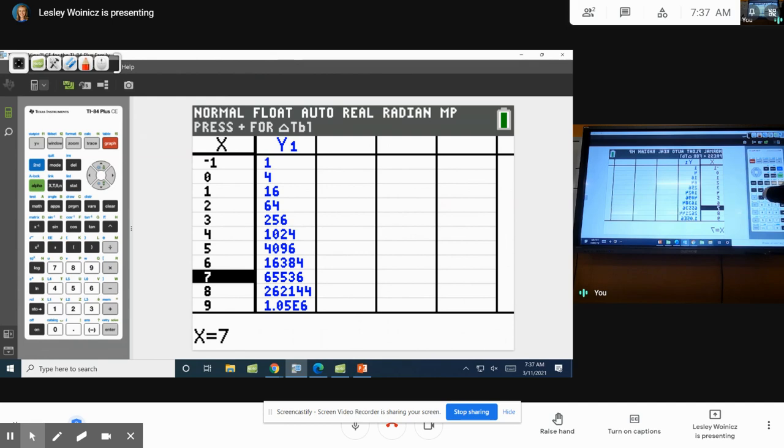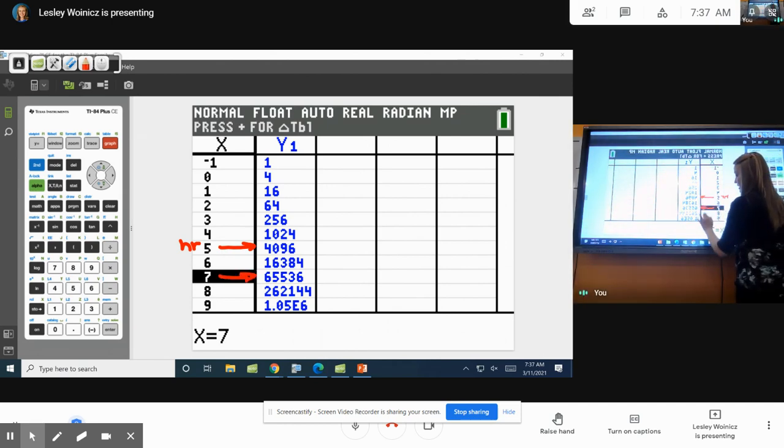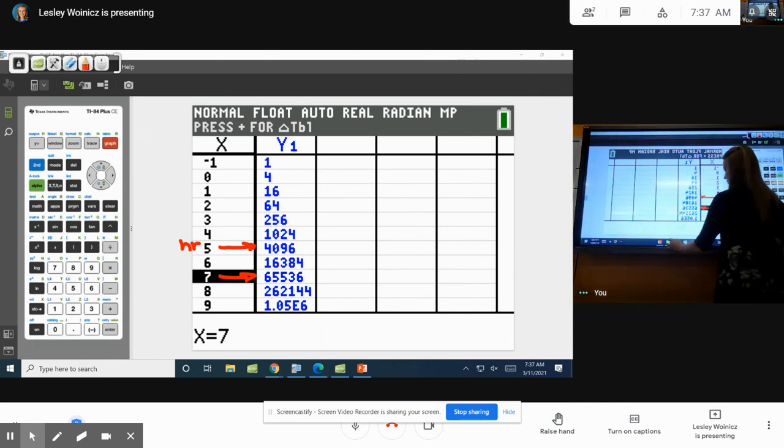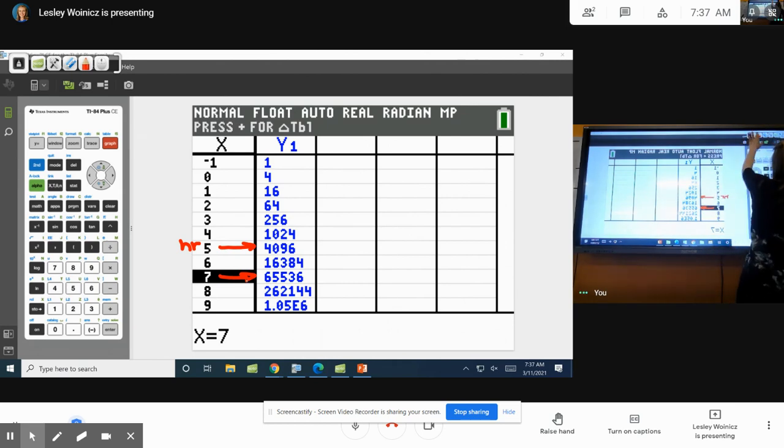And what I'm looking for is when the time, okay, this is the hours, right? When the hours are 5, I have this many skin cells. And then the next one is, okay, when it's 7 hours, how many? So this is going to be the 7 one. So 4,096 and 65536.